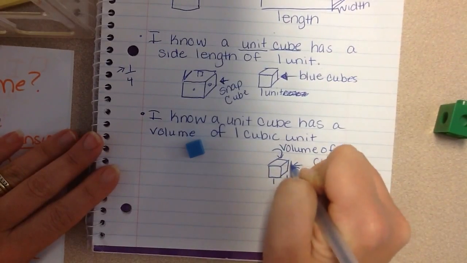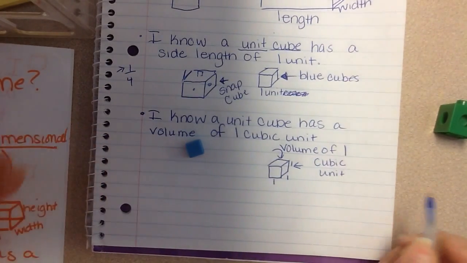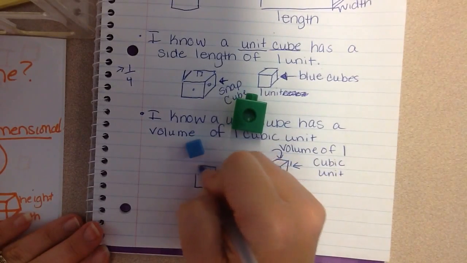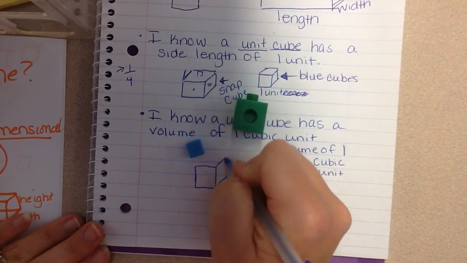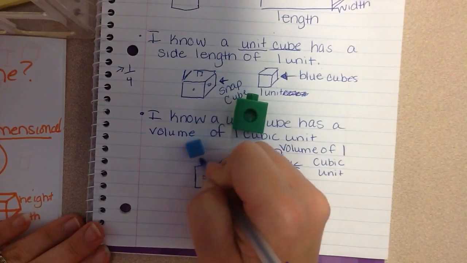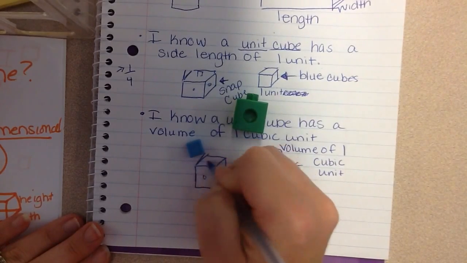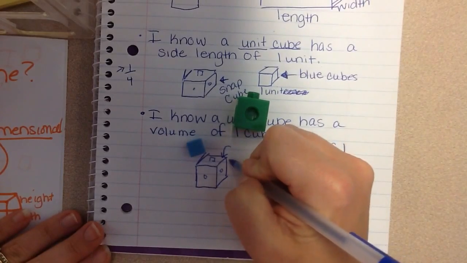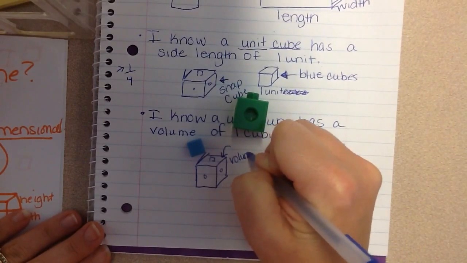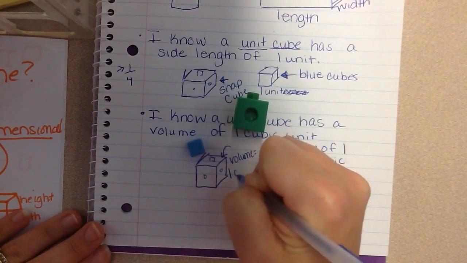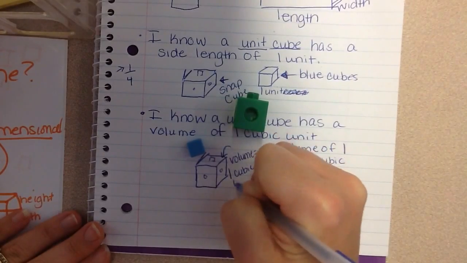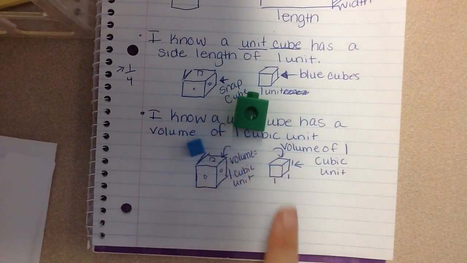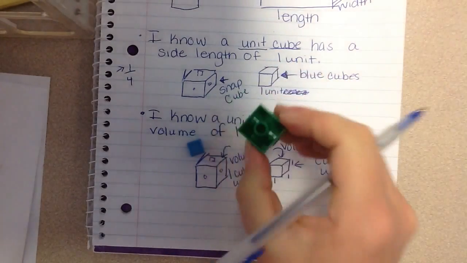Each side length is 1. I could say this has a volume of 1 cubic unit. My snap cube here has the same thing. These represent the holes in my snap cube, trying to make them match. So the volume of what can fit inside of this snap cube is 1 cubic unit. So that's great that I know this side length is 1. I also know that it has a volume of 1.